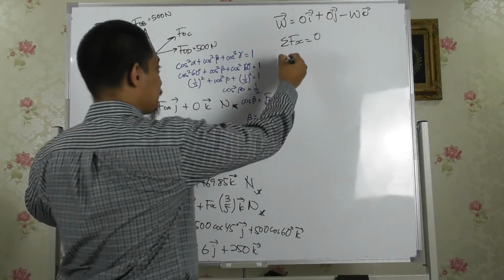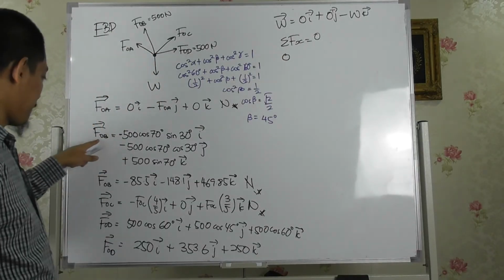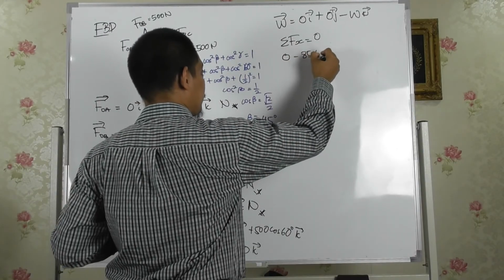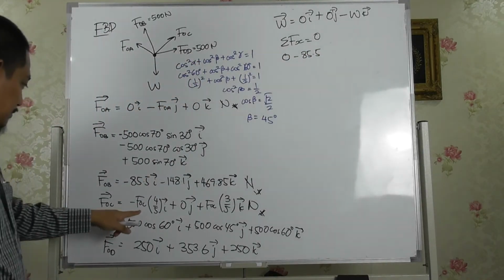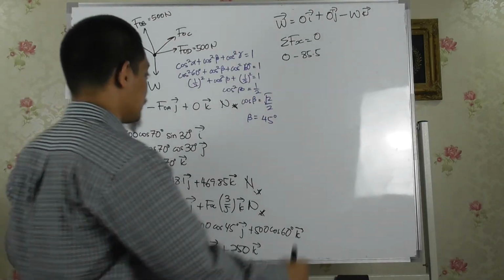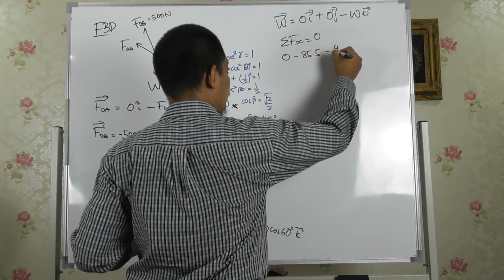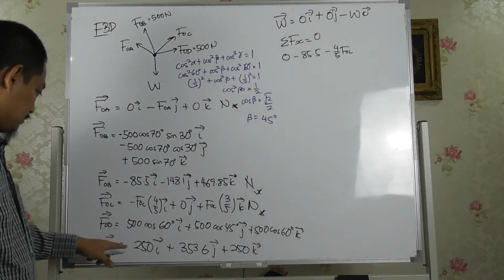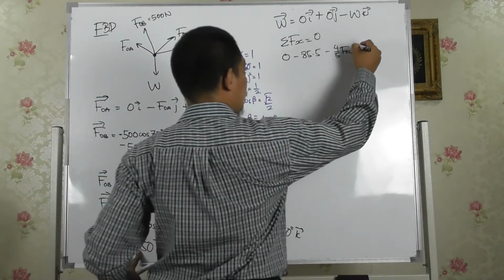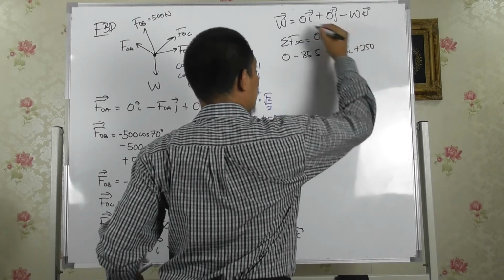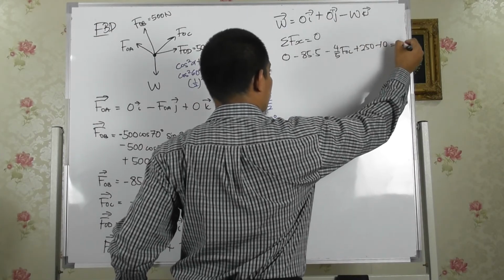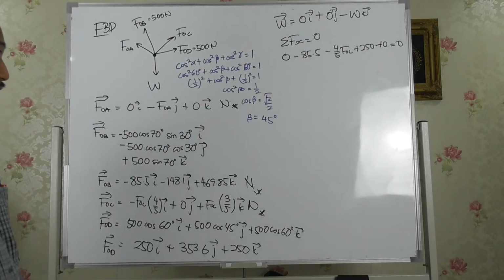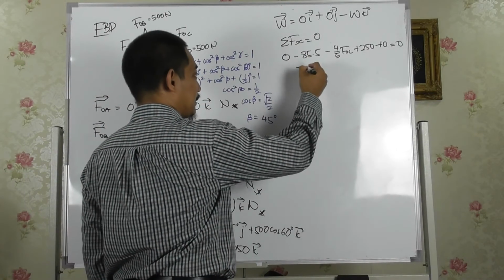So 0 minus 85.5 minus 4/5 FOC plus 250 plus 0 equal to 0. Right, so we have 1, 2, 3, 4, 5 forces. So from here FOC you can calculate, right?